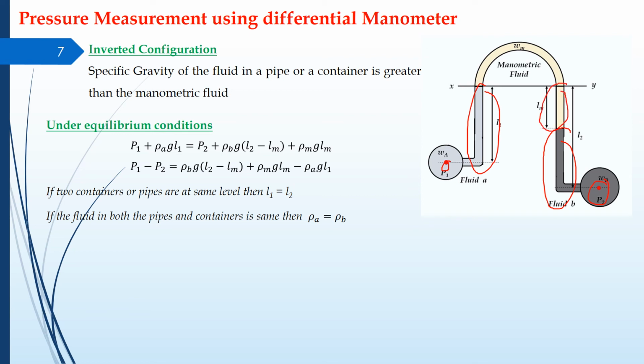Okay, so P1 plus rho A g L1 is equal to P2 plus rho B g (L2 minus L1) plus rho M g Lm.